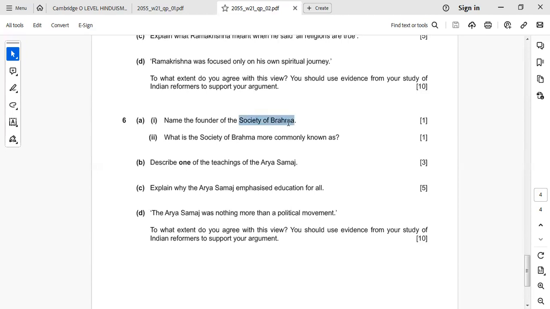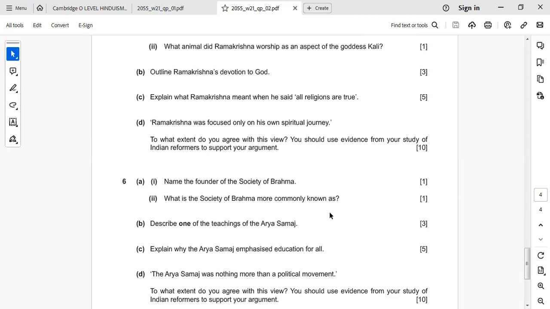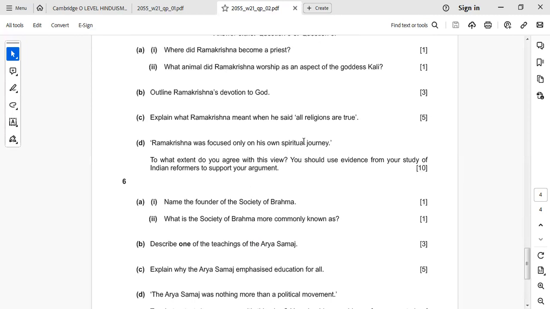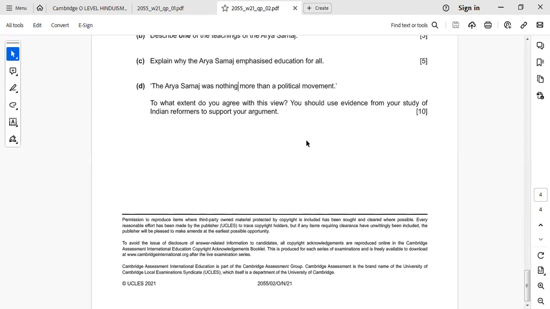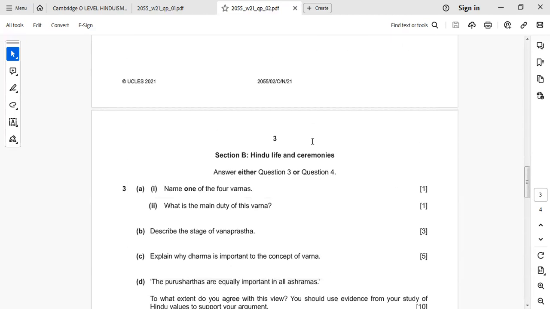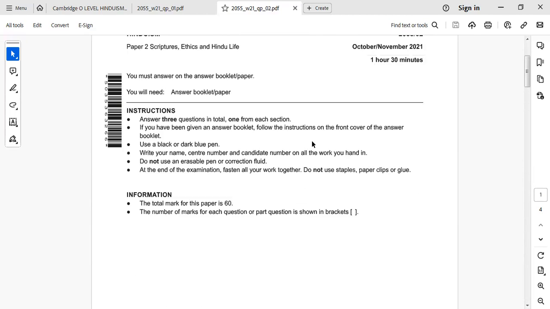Here you have the Brahmo Samaj, this is Ram Mohan Roy. This is Arya Samaj, Swami Dayanand. It can come as a mixture of reformers. So this is section C. From each section, you're going to attempt one question.